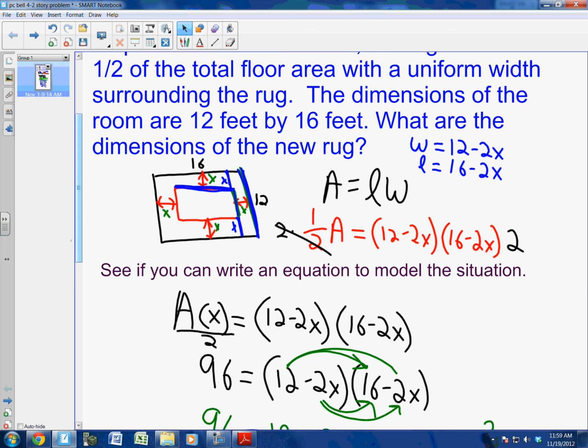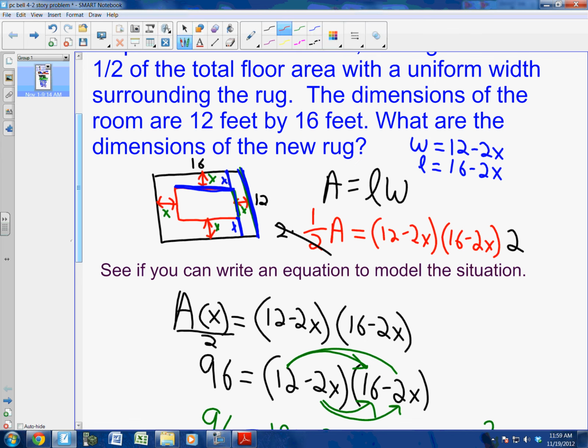If we made the uniform width 12, by the way, what's the most the uniform width could be and still have a carpet in the middle? 6. Why 6? It's half of 12. I mean, if you had the uniform length of 6 on this side and 6 on this side, you wouldn't have any carpet, so it'd have to be greater than 6, right? But a small one like that would have a thin strip. But 2 makes sense, right? So 12 we can throw out, but 2 makes sense.